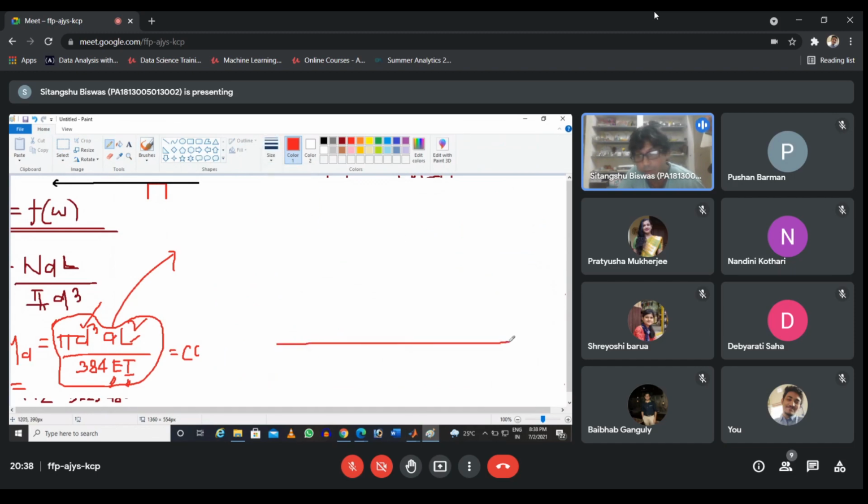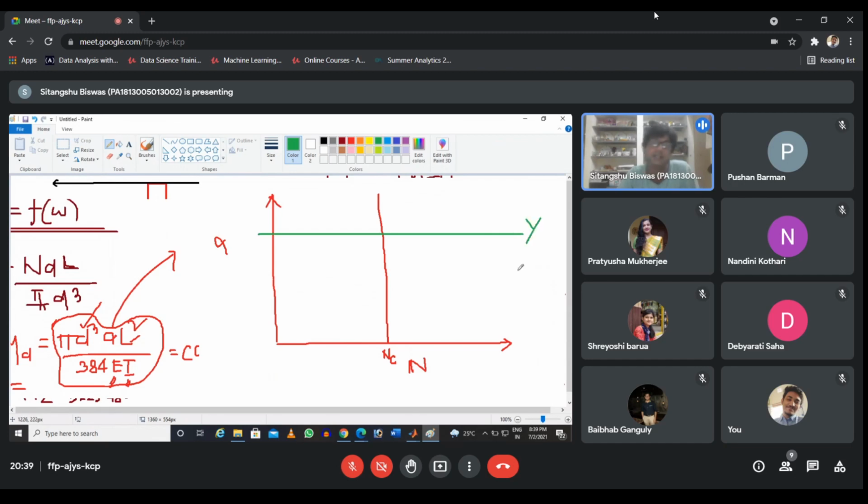If you take this side as your RPM n, your critical speed will be somewhere here. And this y-axis is your stress, and it should not cross your yield point. Till that point only Hooke's law will be applied.